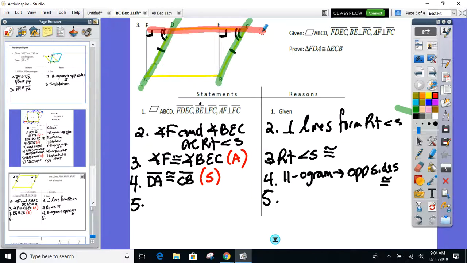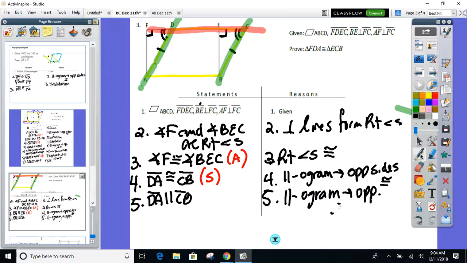Like Paige said before, you need to tell me the lines are parallel before you tell me the angles are congruent. So DA parallel to CB. Parallelogram implies opposite sides parallel. And then, yes, you can tell me those angles now.